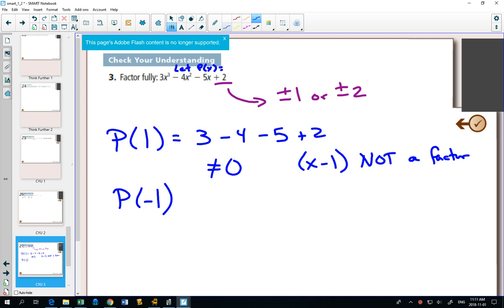Try minus 1 next. You would get minus 3 minus 4 plus 5 plus 2. Does that equal 0? Yes.